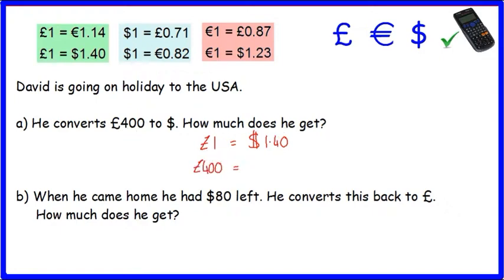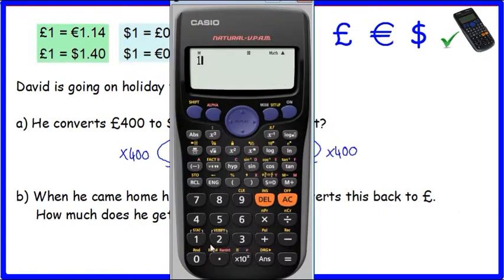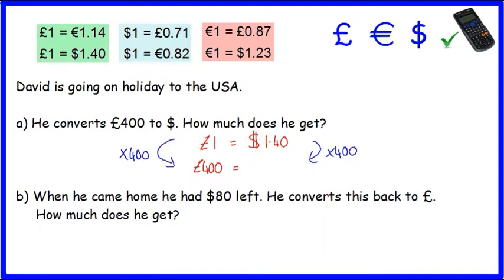Now I can see very simply that this is multiplied by 400. So if I do the same on that side, I'll get my answer. So 1.40 times 400 is $560.